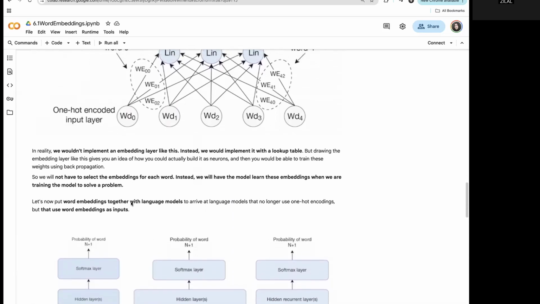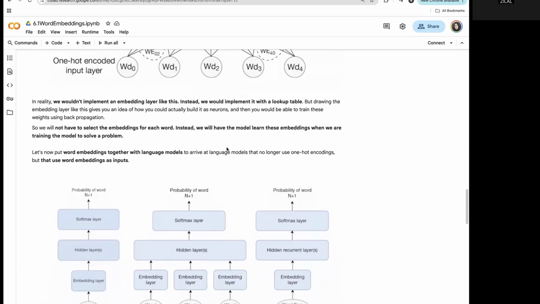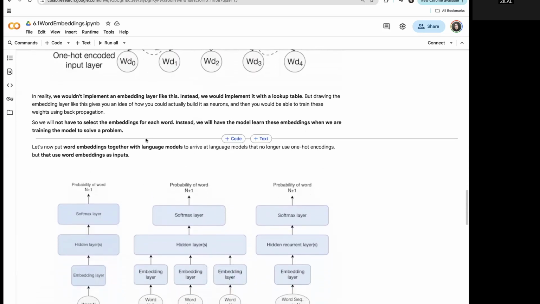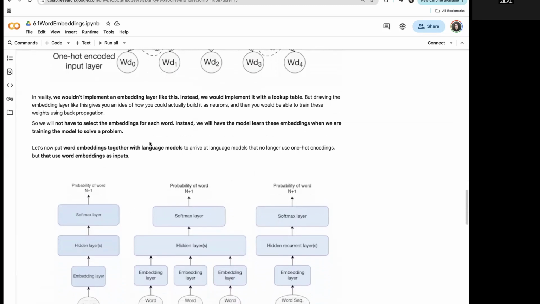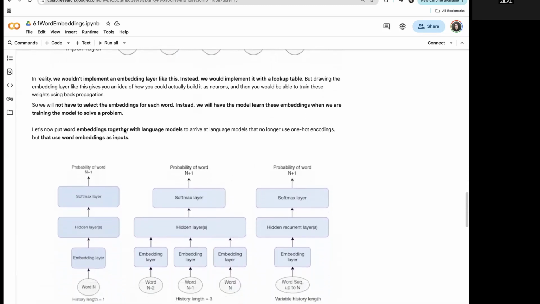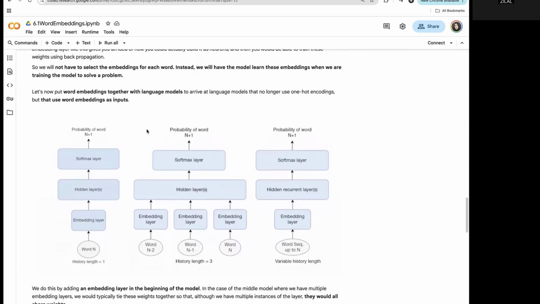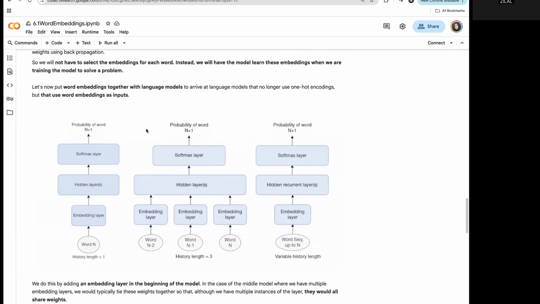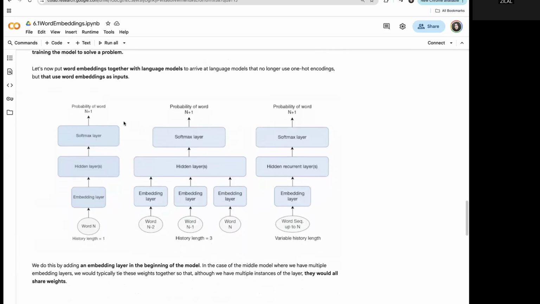In reality, we wouldn't implement an embedding layer like this. Instead, we would implement it with a lookup table. But drawing this embedding layer gives you an idea of how we could actually build it as neurons. And then we would be able to train these weights using backpropagation. So we don't have to select the embeddings for each word. Instead, we will have the model learn these embeddings when we are training the model to solve a problem.